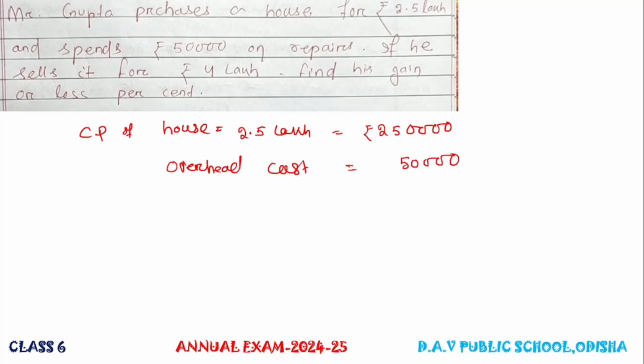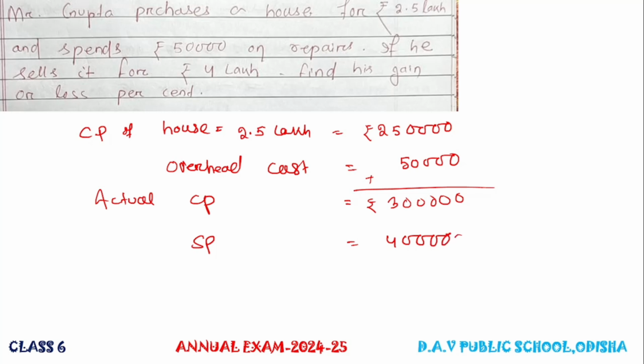Now you should find the actual CP. Actual CP equals the addition of these two. So 0, 0, 0, 0, 0, carry 1, that is 3. So 3 lakh. Now he sells it for 4 lakh, meaning the selling price is given. So write down SP equals 4 lakh.